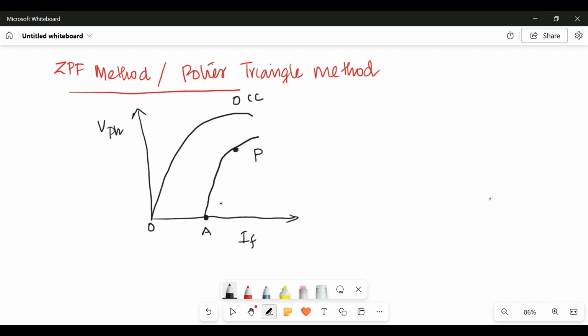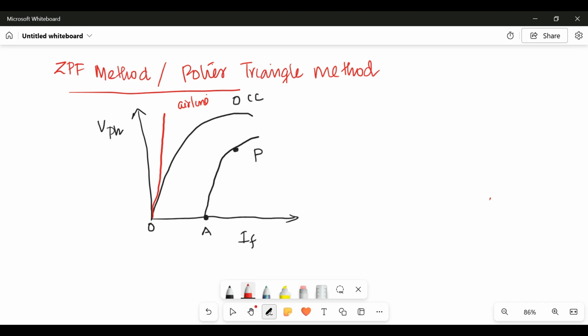Then draw a tangent to the OCC through the origin, that is the line OB. OB is the tangent to the OCC through the origin. That is also called the air gap line or air line.